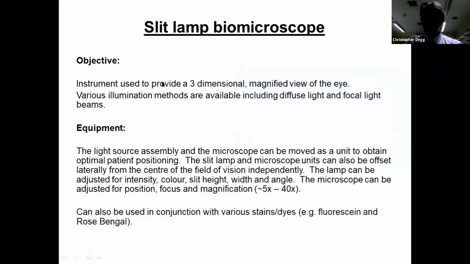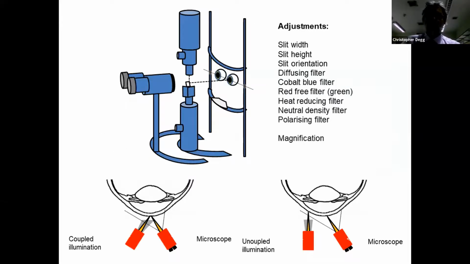Also with ophthalmology, it's quite important to look in the eyes. So a classic way of doing that in the clinic is with a slit lamp, and it's essentially a binocular microscope. What's nice about the slit lamp, though, is the light source can be changed. So we can have spots of light, we can have slits of light of different length and thickness. We can put filters in to use different coloured light. And then also this light can rotate on the axis of the eye that we're looking at.